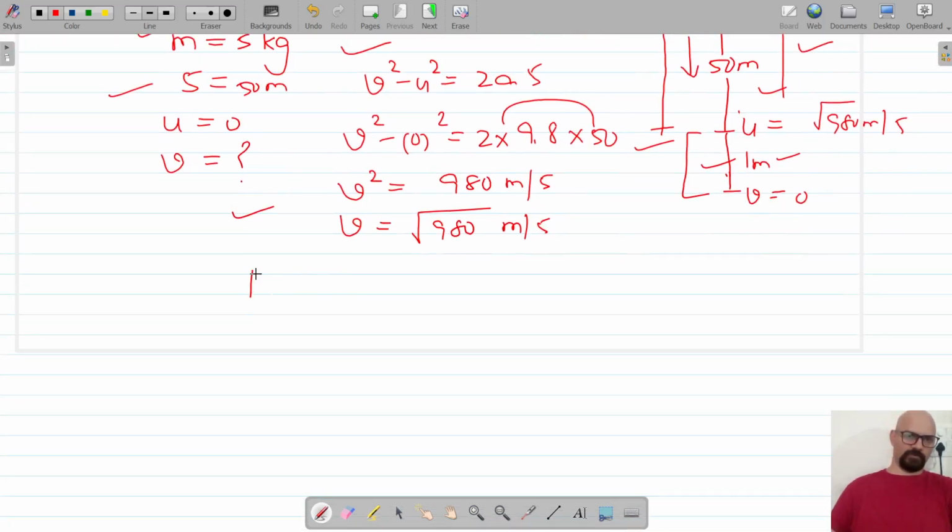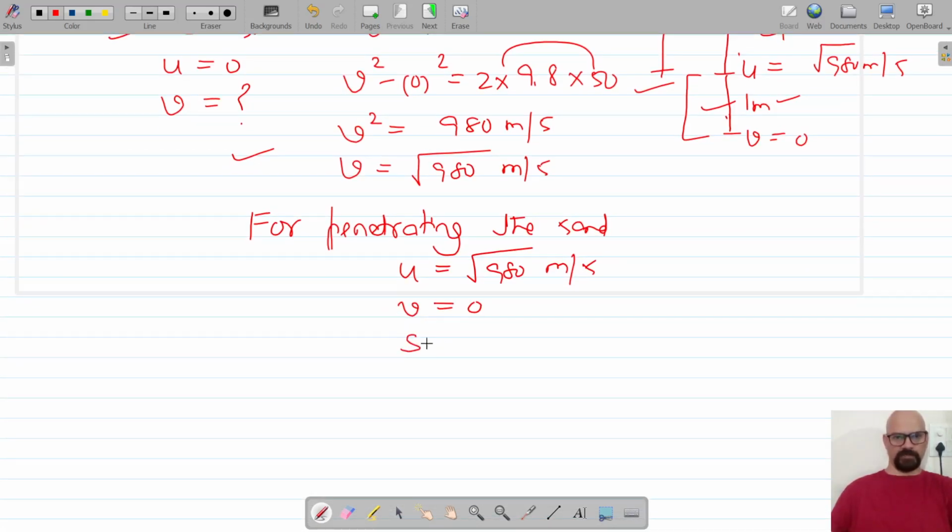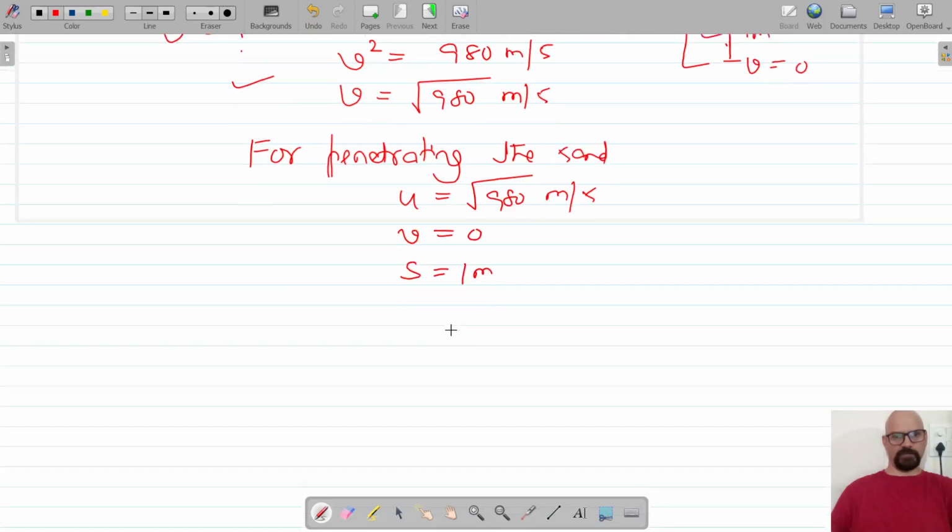So for penetrating the sand, u is the square root of 980 meter per second, the final velocity is zero and the distance is 1 meter.